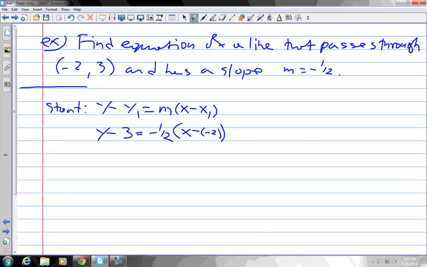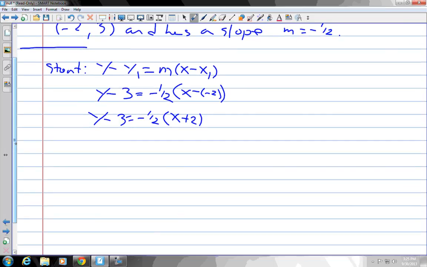Now I'm just going to simplify. So this is y minus 3 equals negative 1/2 times x plus 2, because two negatives inside the parentheses give me a positive. Then distribute, because again, you want your answer to be in the mx plus b form. Distribute negative 1/2 to get y minus 3 equals negative 1/2 x minus 1, right?